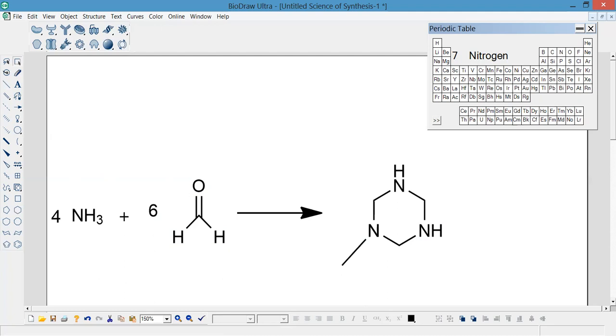You can stretch the bond by selecting the carbon atom, putting it down, and extending the bond again, to represent a cyclic structure.